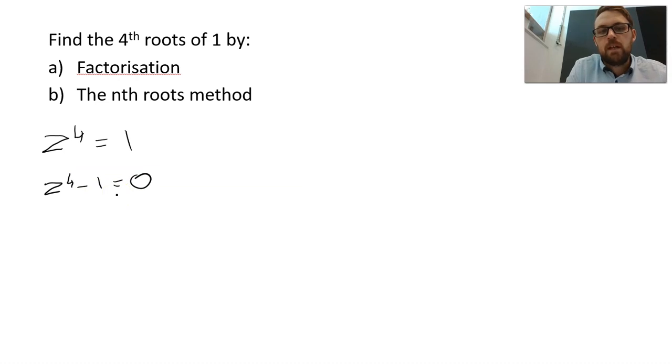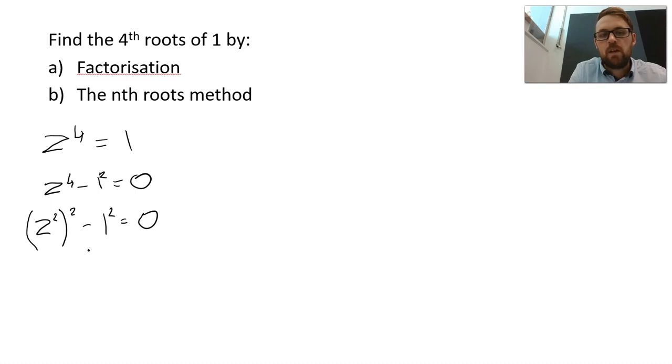Now you may or may not be able to recognize this straight away, but when we have a squared term take away another square term, and 1 is a square term, we can do factorization. I could rewrite this as z to the power of 2 squared, take away 1 squared.